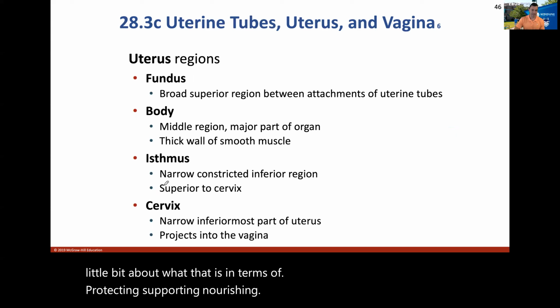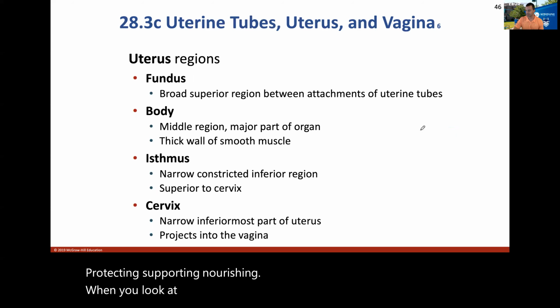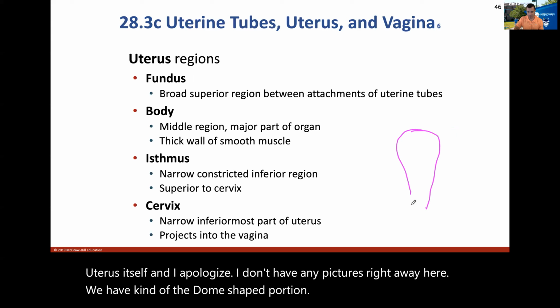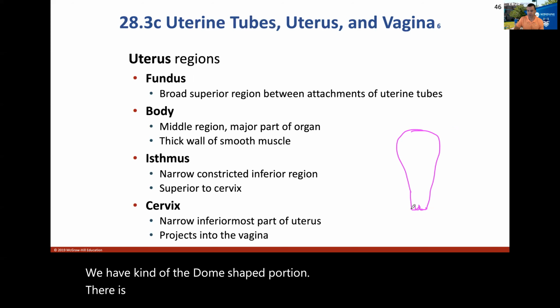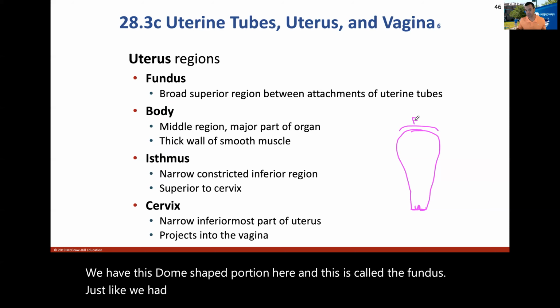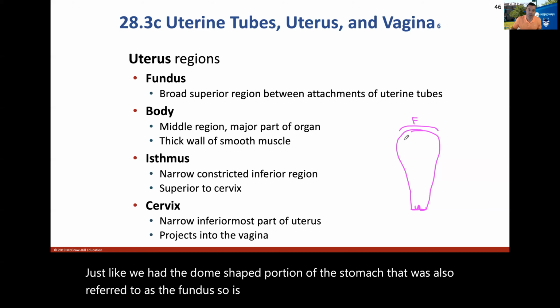When you look at the uterus itself, and I apologize, I don't have any pictures right away here. We have kind of the dome-shaped portion, and there's the opening there. This dome-shaped portion is called the fundus. Just like we had the dome-shaped portion of the stomach, that was also referred to as the fundus. So is this. It's just a dome shape.